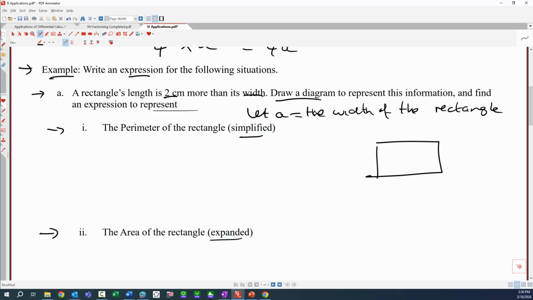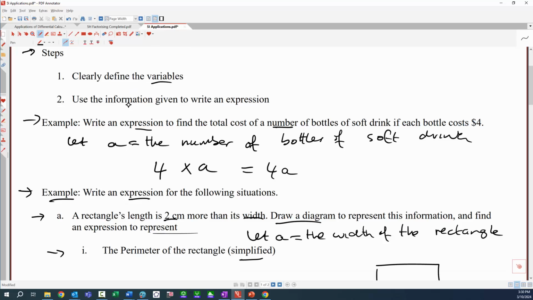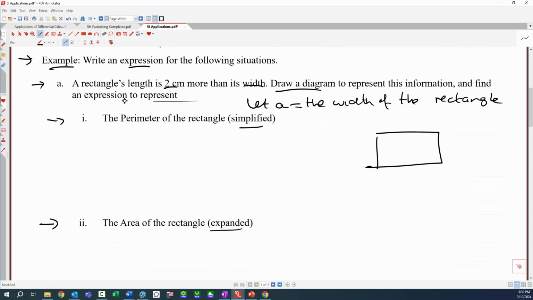Again, we're following the step-by-step process, where step 1 says clearly define the variables. Now we'll draw the diagram. We know that its width is A, and the length is 2 centimeters more than the width. So if the width is A, it's simply going to be A plus 2.